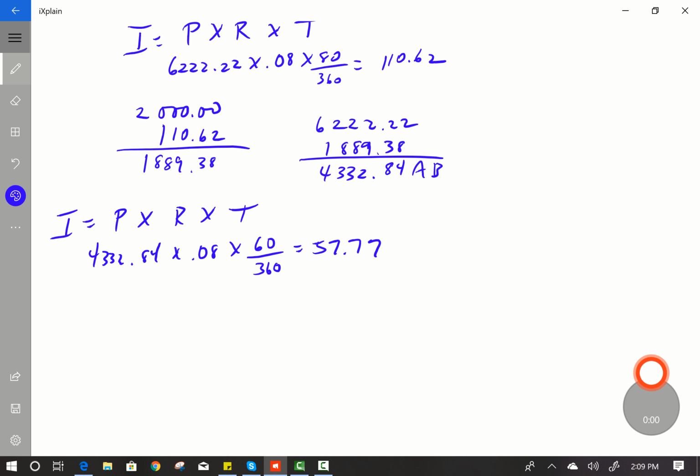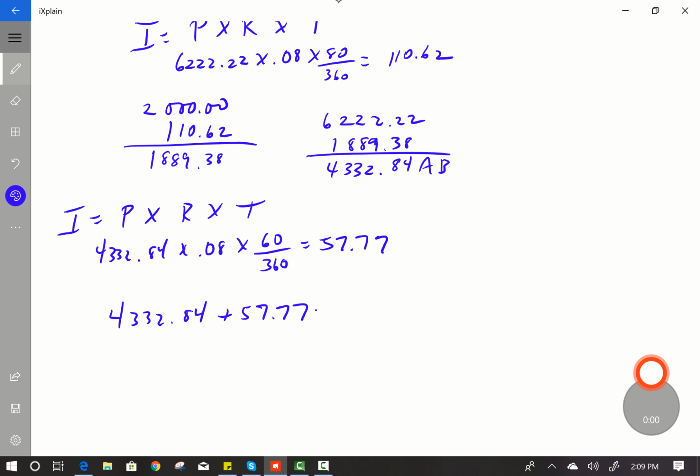Since this is interest that we owe the bank, I'm going to add this to my previous balance of $4,332.84 plus the $57.77 interest. So the balance I actually owe now is $4,390.61. So that's my adjusted balance, the balance that's due. This is what I'm looking for right here. I owe that particular amount.